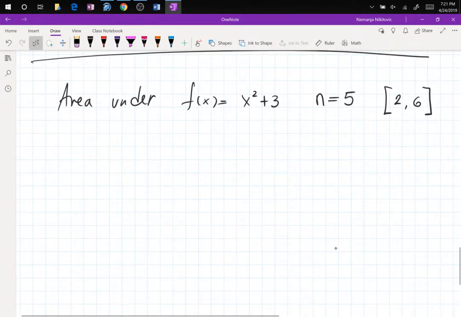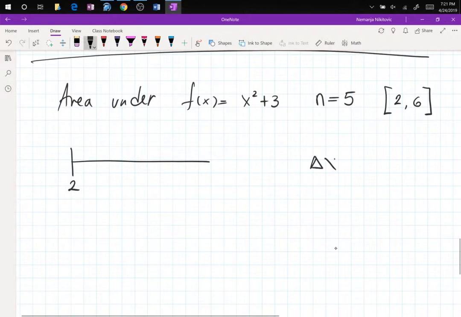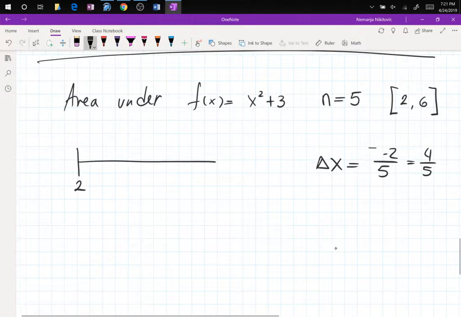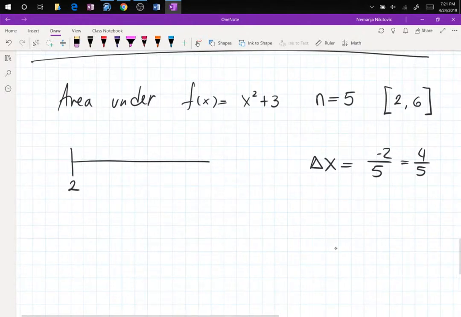So partition is first. Partition goes as I start at 2, I calculate delta x on the side as 6 minus 2 divided by 5, which is 4/5, and then I start adding 4/5 along the line. So 2 is what?